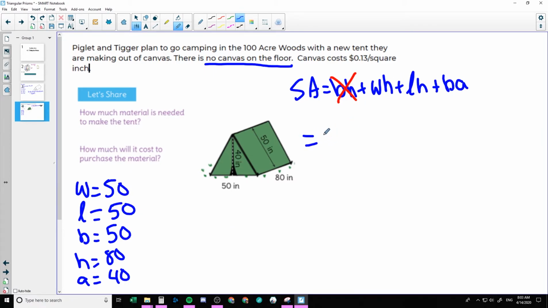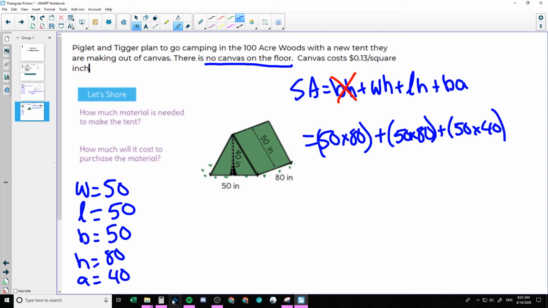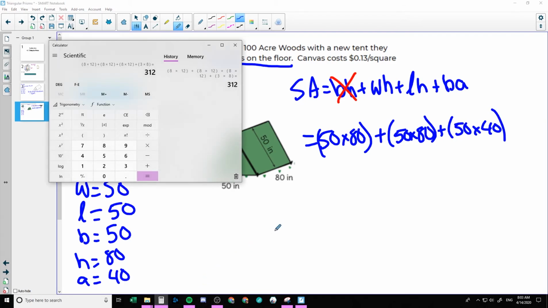So width 50 times the height, 80. Length times height is going to be 50 times 80. And base times the height of the triangle is 50 times 40. Grab our calculator.